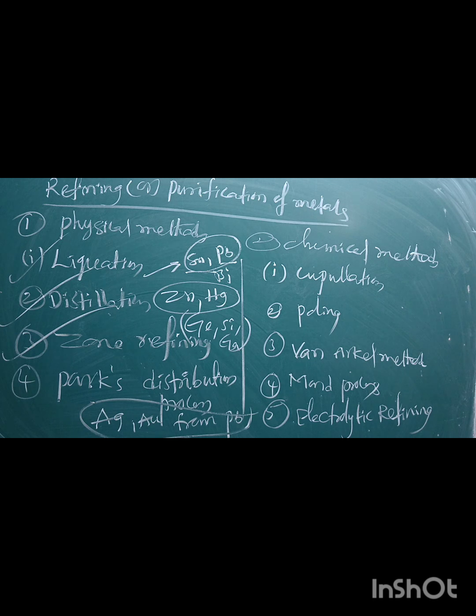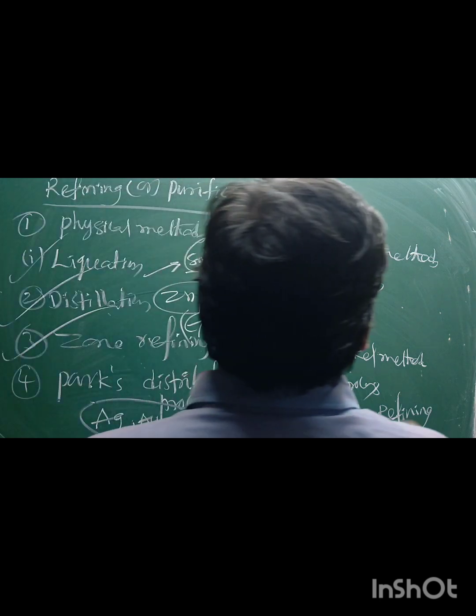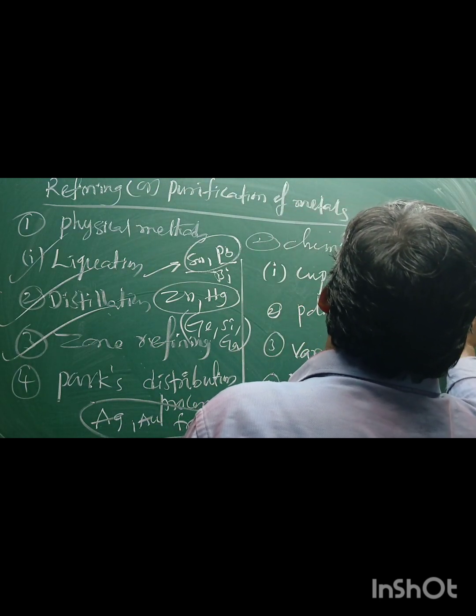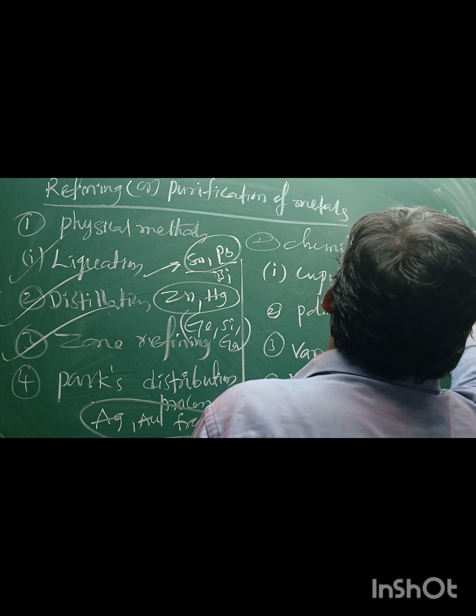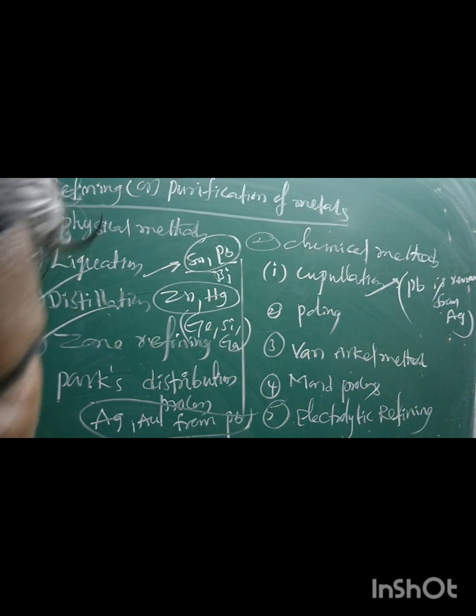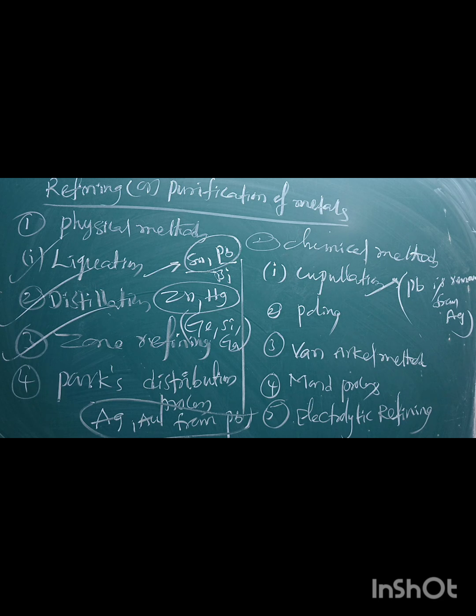And chemical methods. Cupellation: in this method the impurity of lead is removed from silver. Poling is also one of the purification methods. In this, impurities in metals can be removed in the form of metal oxides.